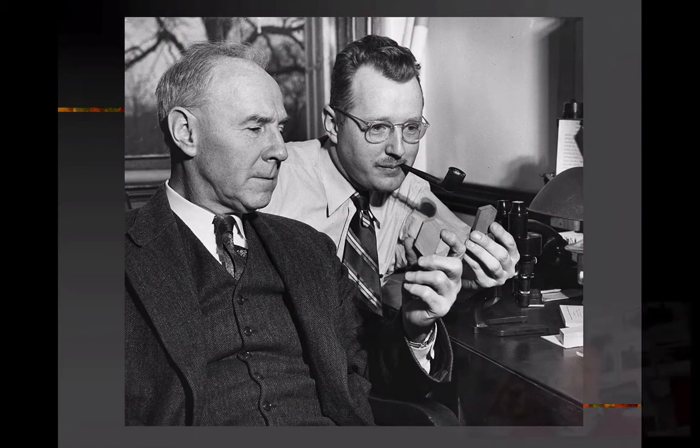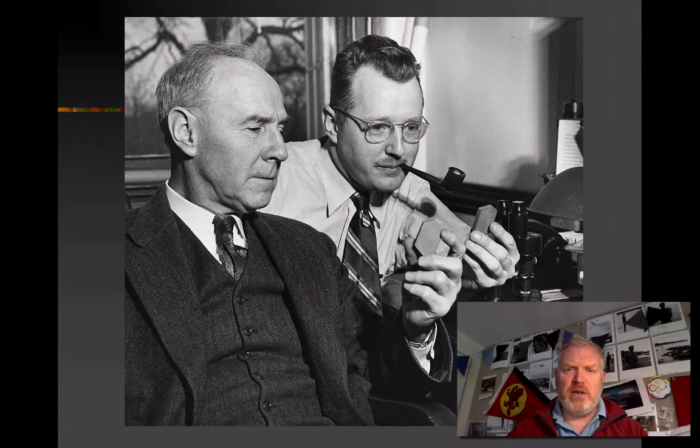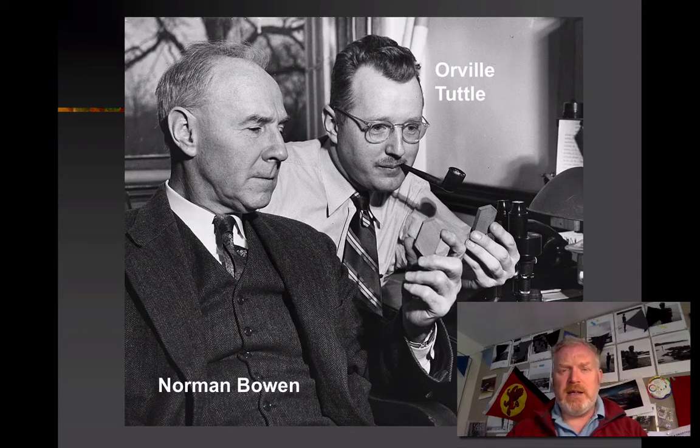A lot of what we're going to look at is based on the work of these two geologists. We have, in a rather nutty waistcoat there, Norman Bowen, and his research partner, Orville Tuttle.